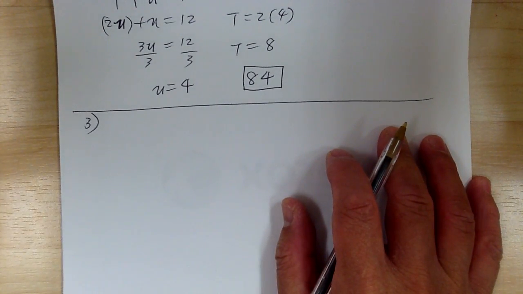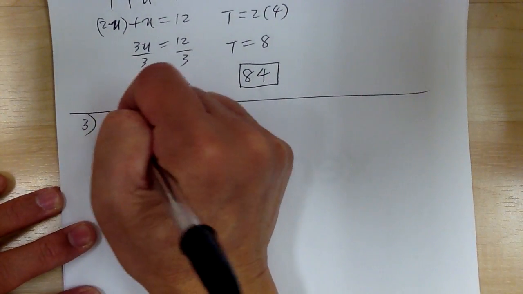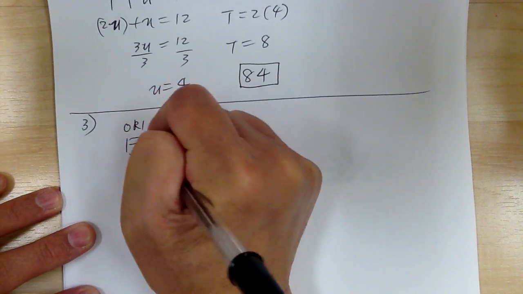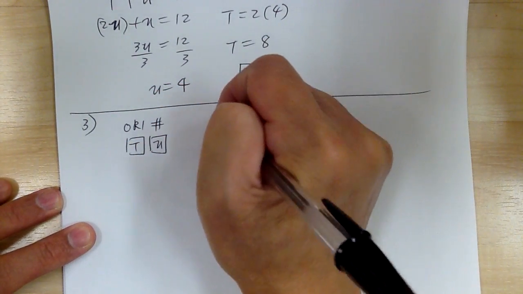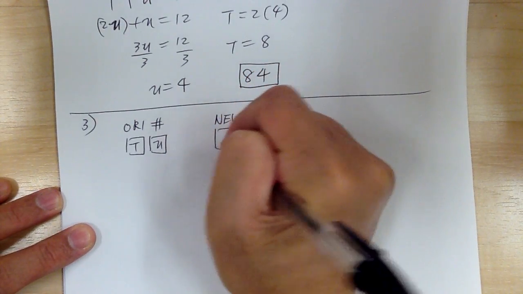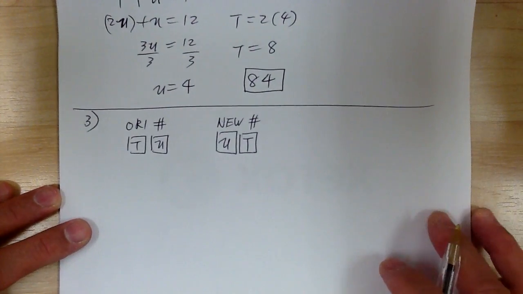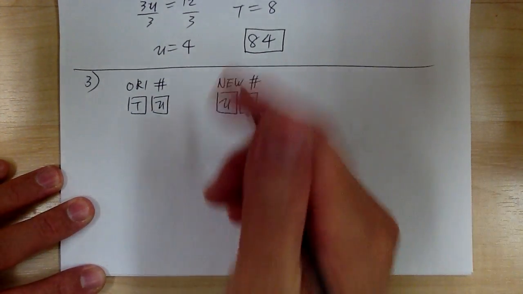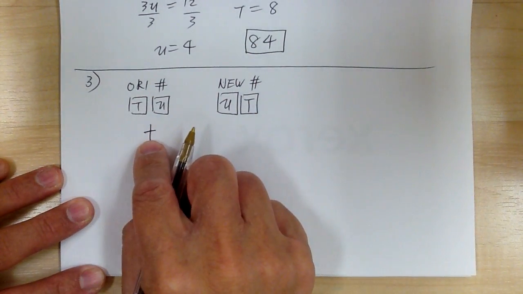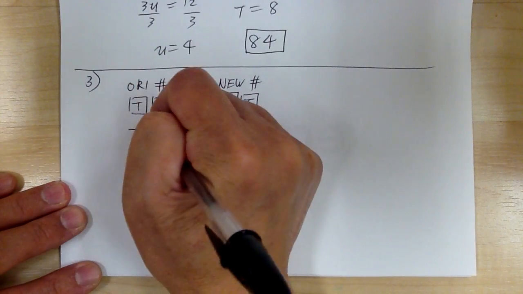This is the digit problem, and it mentions the reverse of the digits. So this means you need to get the original number, that's the tens digit and the unit digit, and then the reverse of the number so that you get the new number. When you reverse the digits, you get the unit digit and the tens digit. Now let's translate. Number 3, the sum means you're adding something: the sum of the digits of the number, so that's the tens digit and unit digit.